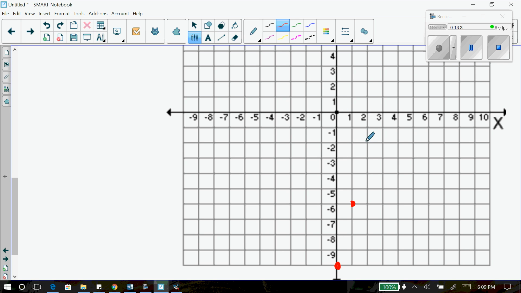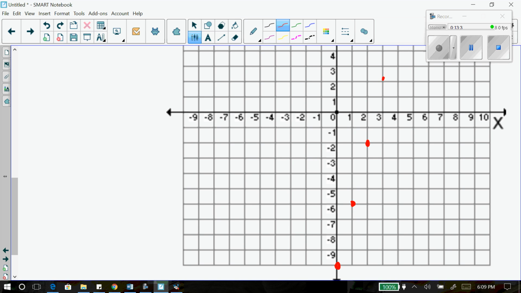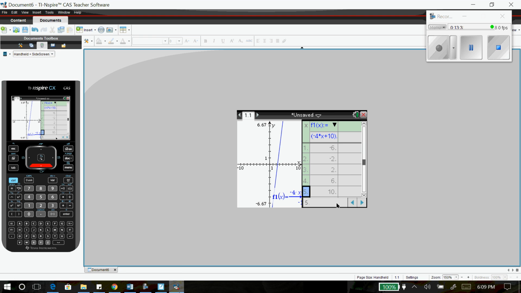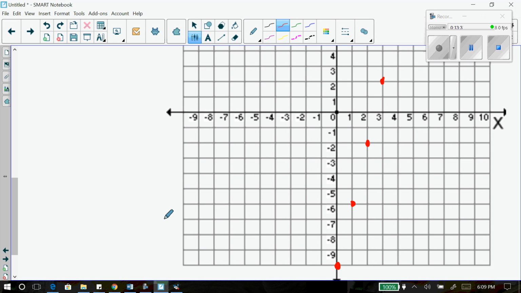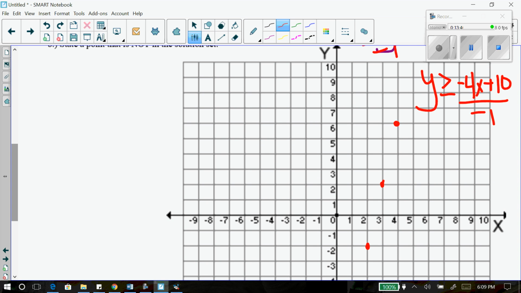Over 2, down 2. 3, 2. Over 3, up 2. 4, 6. Over 4 to the right, up 6. Okay. And then it was 5, 10. So over 5, up 10.